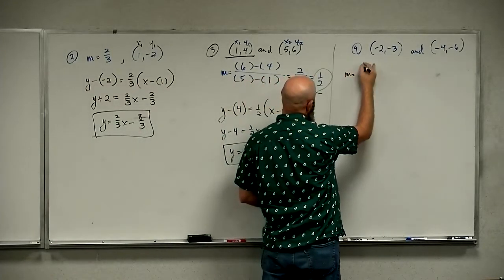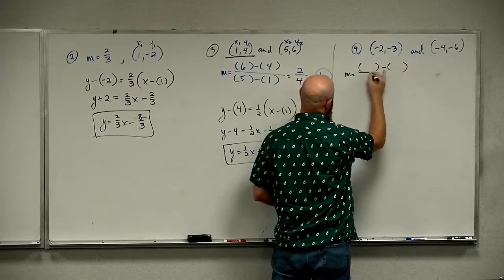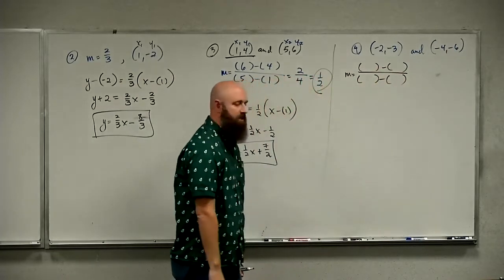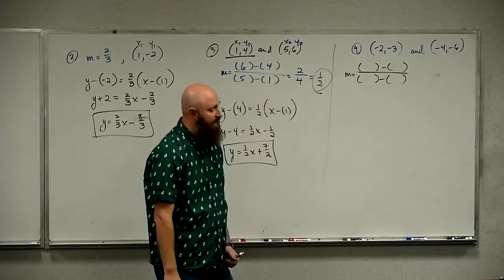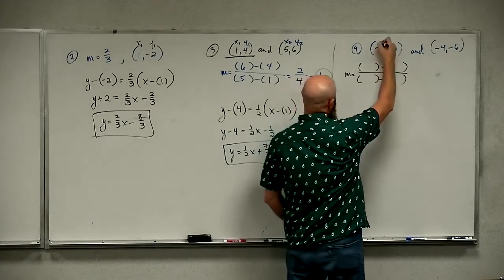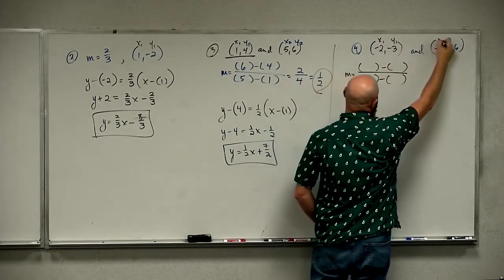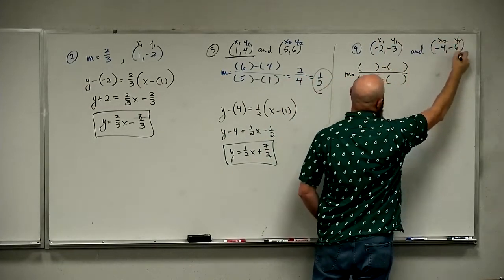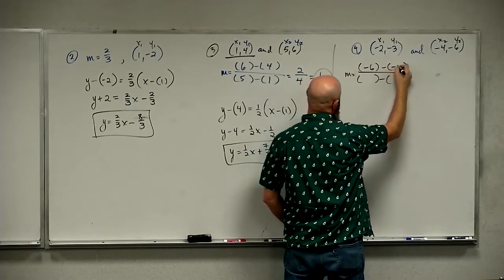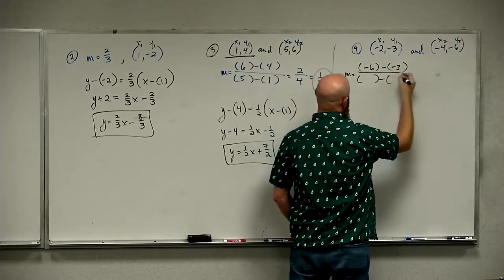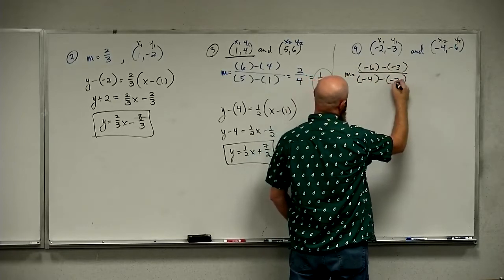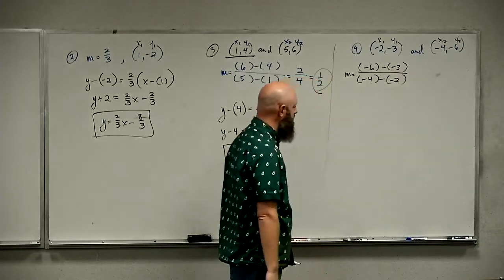So m equals, I always like to, if you remember, put those parentheses there, because especially here, I've got a ton of negatives that I need to be careful with. We've got our x1, y1, x2, y2. So y2 is -6, y1 is -3, x2 is -4, and x1 is -2.